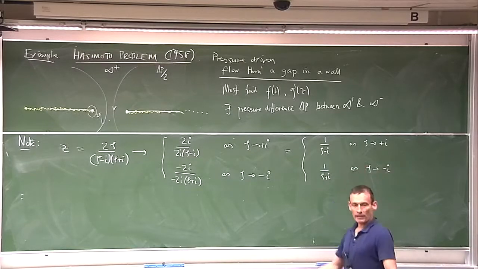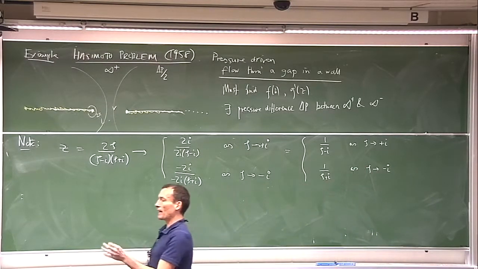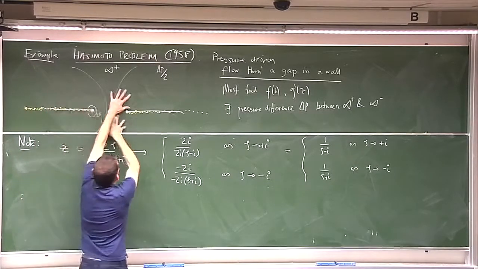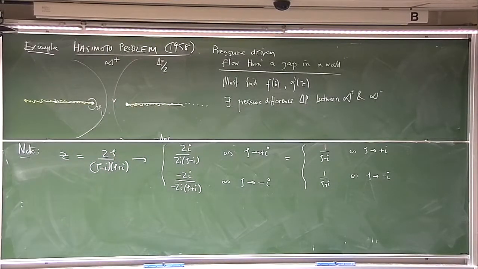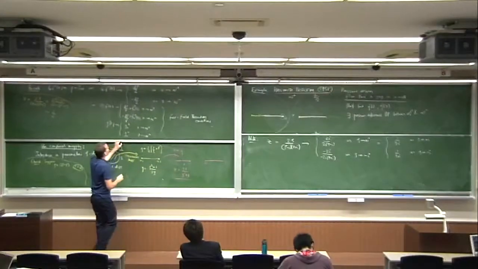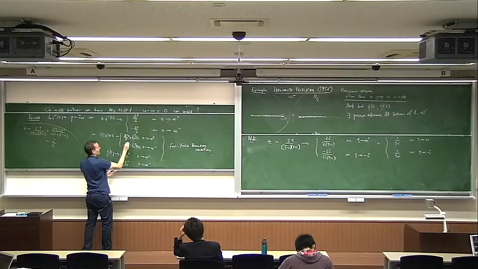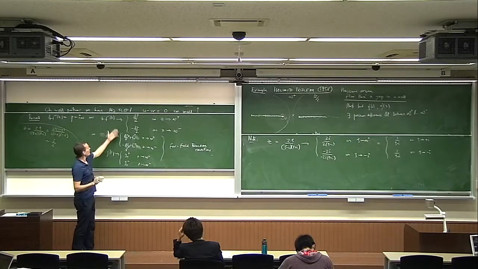Now, here's where the magic comes. I'm looking for an analytic function f of z, where f of z is analytic here except that it's got these. Hold on a minute. You should have corrected me. Look, when I integrated this, I should have put z's here. I hope you noticed that. I just integrated this.